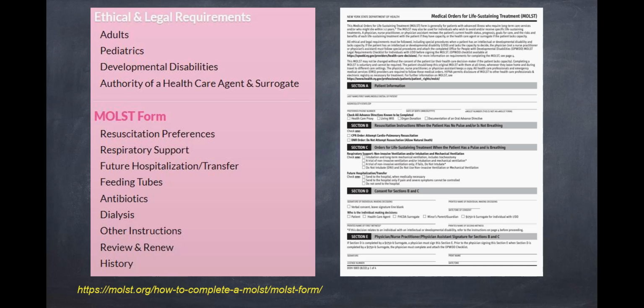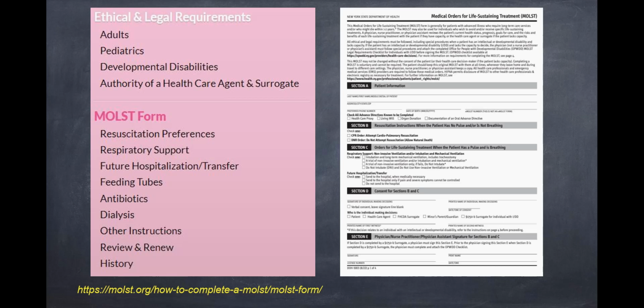Antibiotics: do they want antibiotics or not? Dialysis or not to dialyze? And other instructions. According to law, this document should be reviewed every 90 days. If not reviewed, then the first MOST will stand. It will be valid. For those who have developmental disabilities, it must be renewed every 60 days.